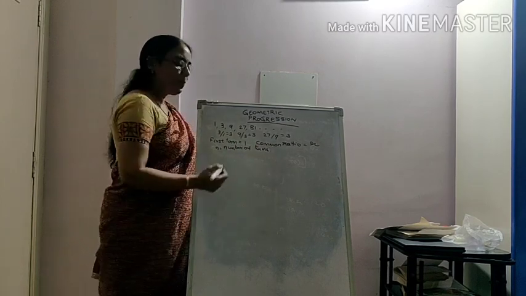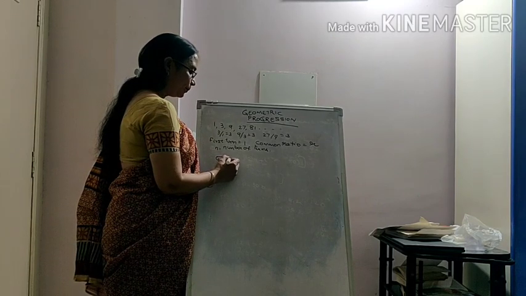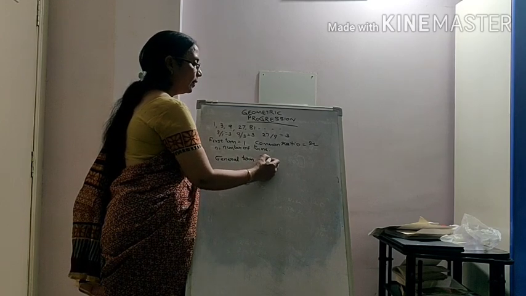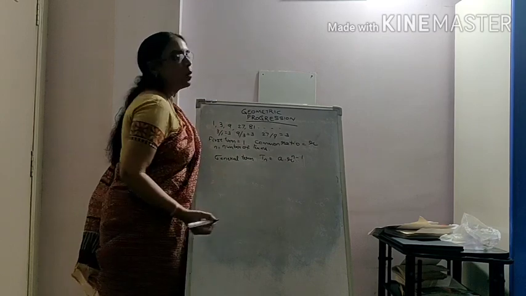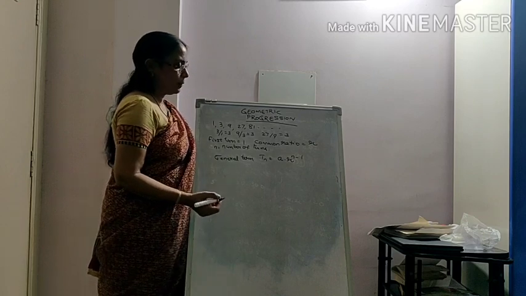When we are talking about geometric progression, the general term Tn is given by a into r to the power of n minus 1.